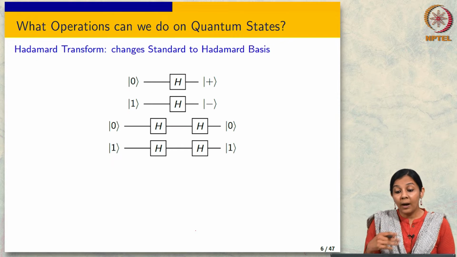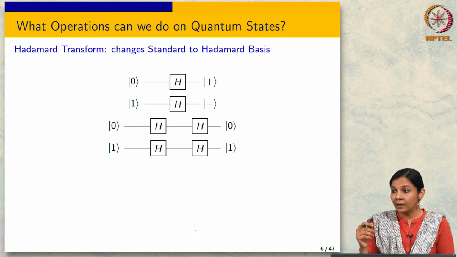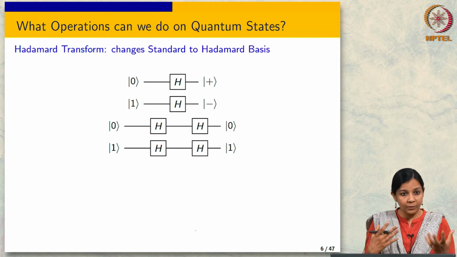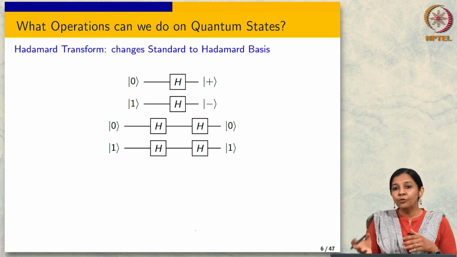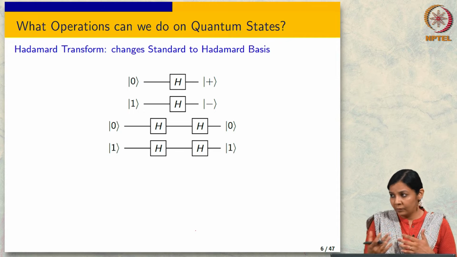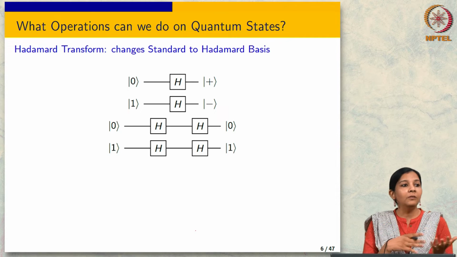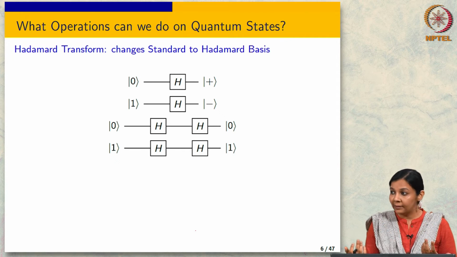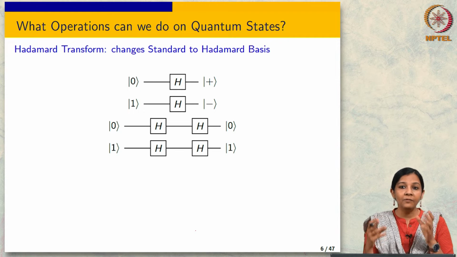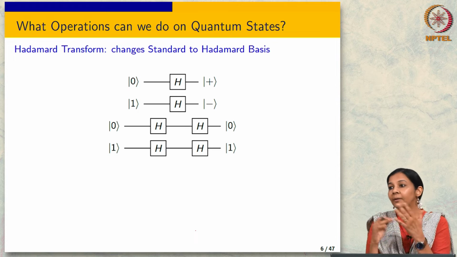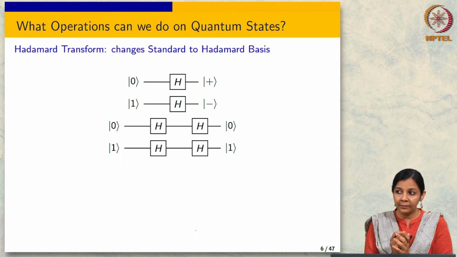Okay, now again let us look at something which is important and which is different. Remember, last time we talked about the standard basis and the Hadamard basis, right. So, one thing that you certainly expect to be able to do is go back and forth between these bases. The Hadamard transform is another operation which allows you to go from the standard basis to the Hadamard basis.